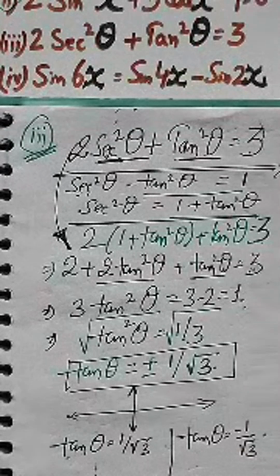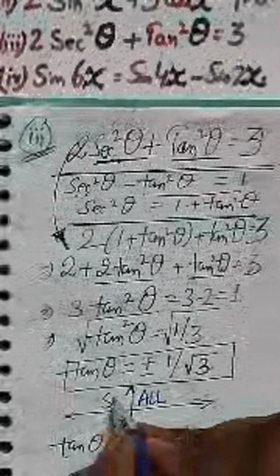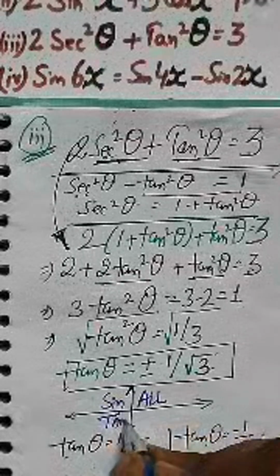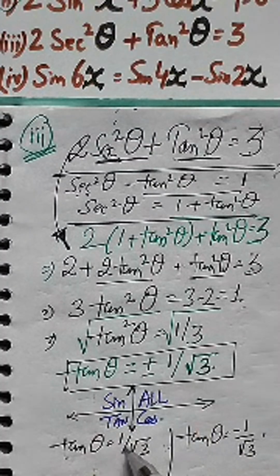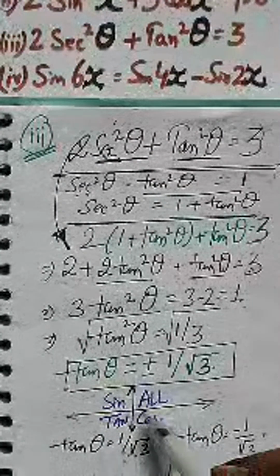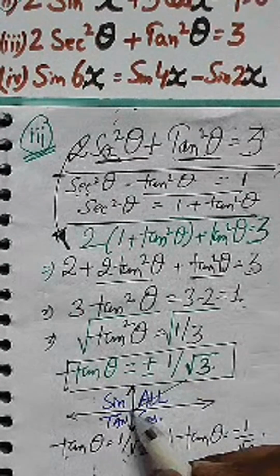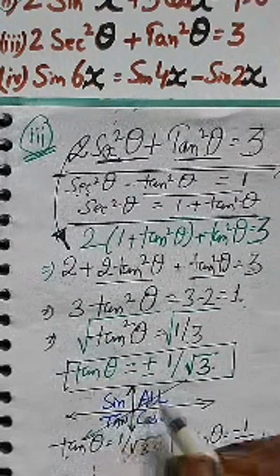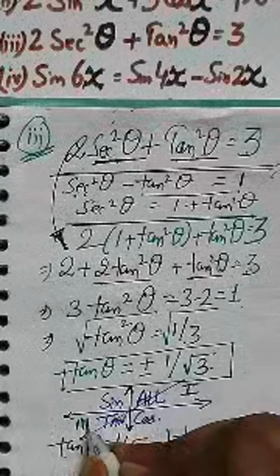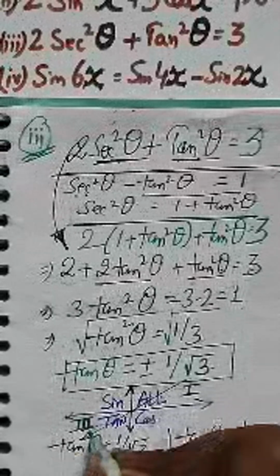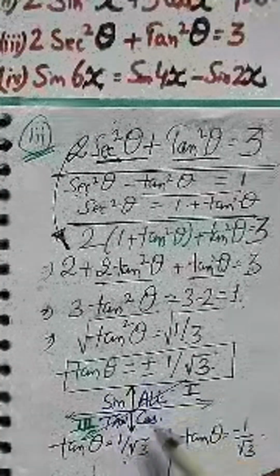Here you can see all positive, sin positive, tan positive, and cos positive. So tan positive 1 by root 3 will be happening either in the first quadrant or in the third quadrant, isn't it?